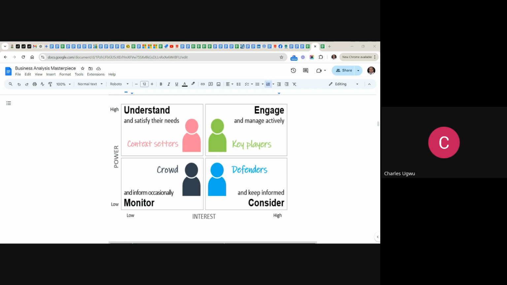If you have a senior business analyst you are working with, he should be here. All the big boys should be here as well. So all the people that have key interest in that project should be here. So you must make sure that you engage and manage them actively. Actively, or they will show you the door.